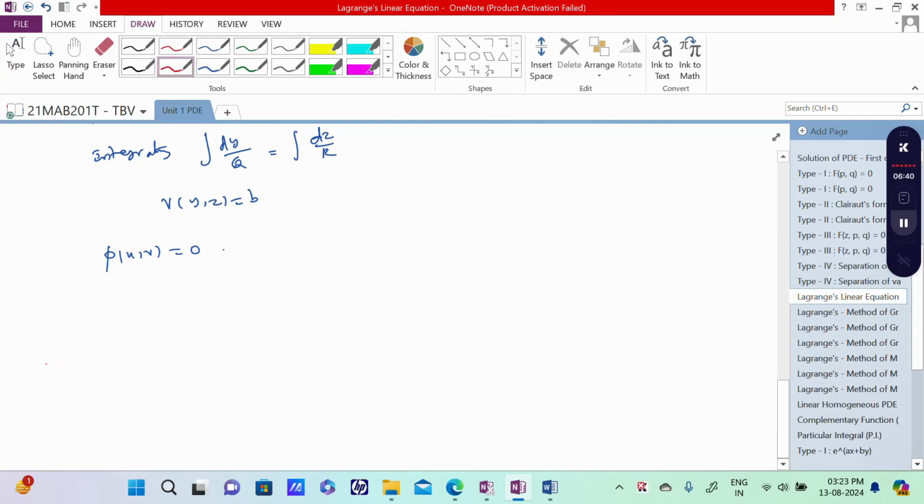And the second method is the method of multiplier.